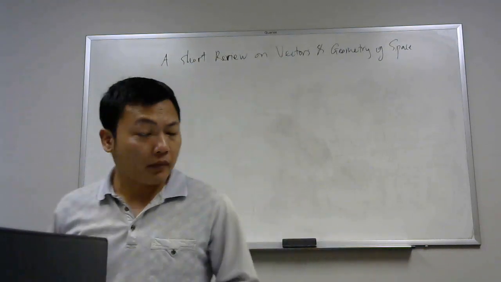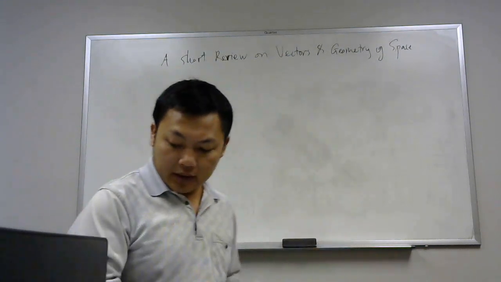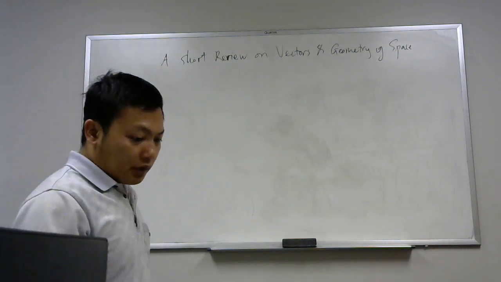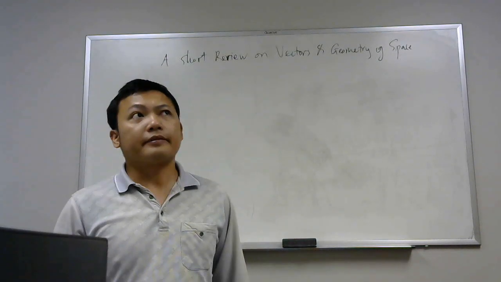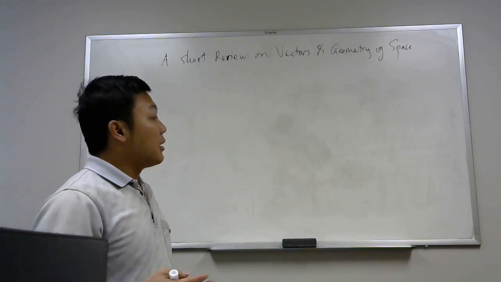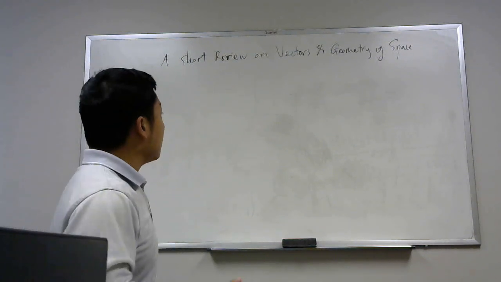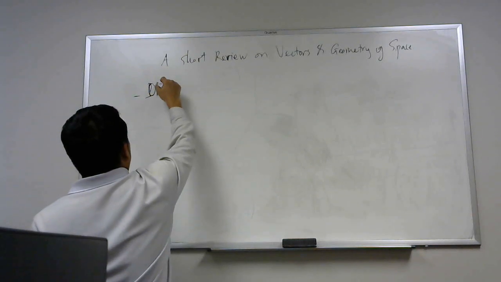When we talk about the space and vectors, the only one I want to share with you is the projection, because projection is very important. Let's say orthogonal projection, right?